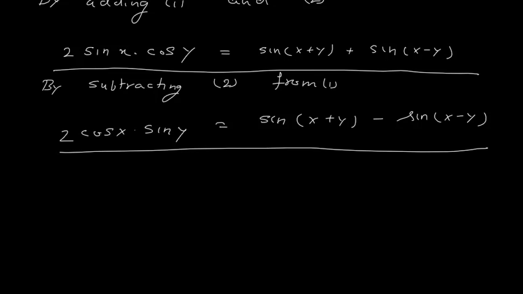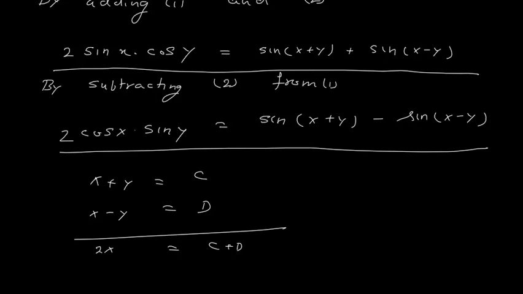Now let us replace this x plus y with some term, say c, and x minus y with d. If I add them, we have 2x as c plus d.